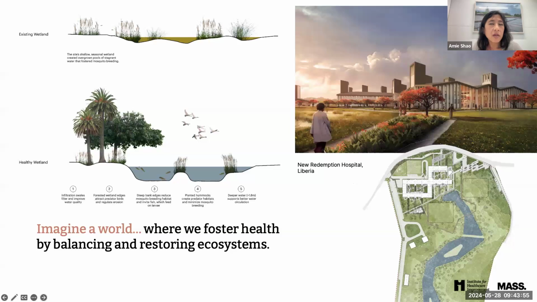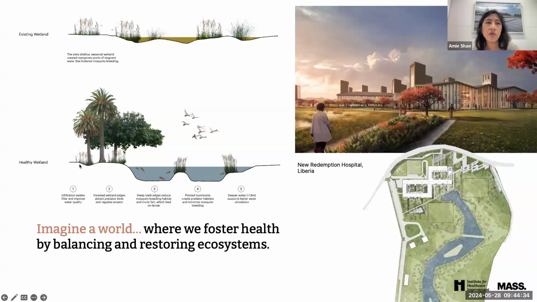And then beyond conserving resources and minimizing disruption to our environment, imagine a world where we could foster health by balancing and restoring ecosystems. So this example of a hospital in Liberia was designed to promote a regenerative landscape. So we went and looked at the existing site. We found that it was very swampy, which in some ways was not ideal for a hospital site, but we realized that there was an opportunity to enhance and restore the existing wetland, which was very low-lying and breeding mosquitoes.